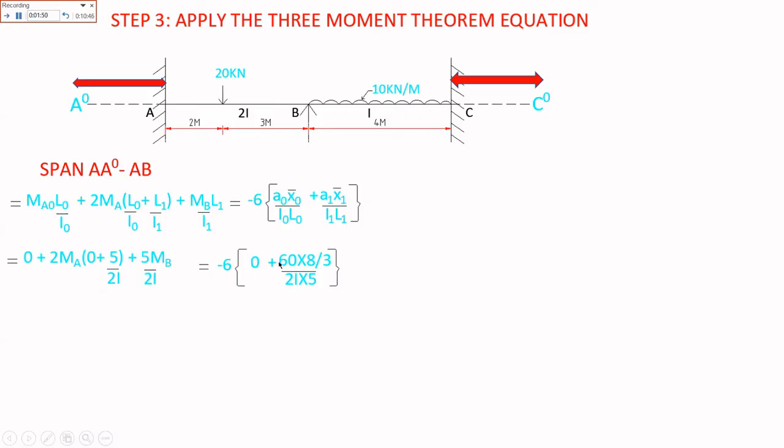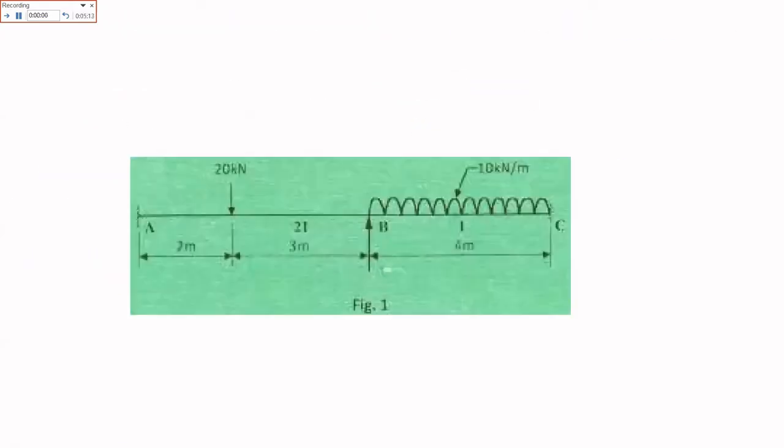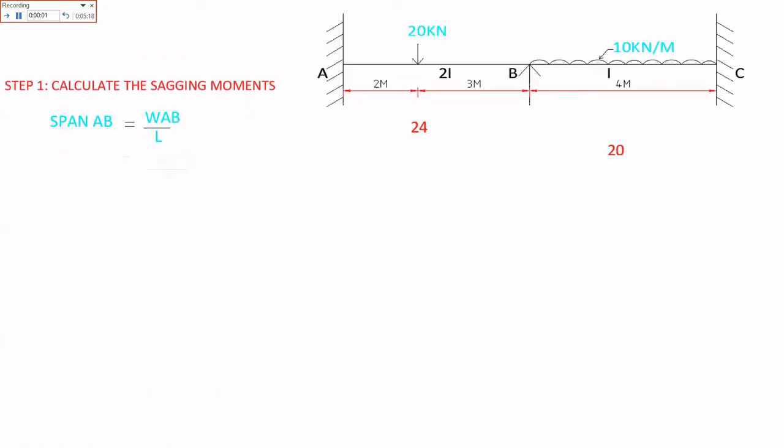Into bracket is 0 plus our A1 was 60, our X bar 1. Remember, we are going to use X bar right, not X bar left, for this span. Let me go back and show you where that is.